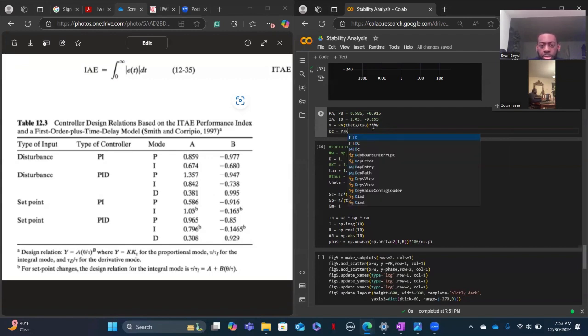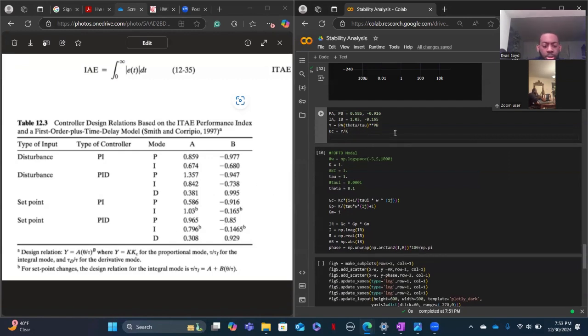Okay, so now we have our KC from this, and then we want to find our tau I as well. To find that, we know that tau I is equal to A plus B times theta divided by tau. Well, there's no exponent here. And then we need to divide this by theta, and it has to be its inverse.